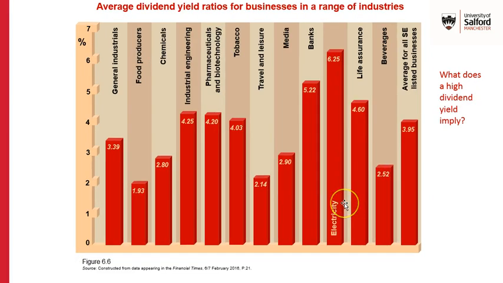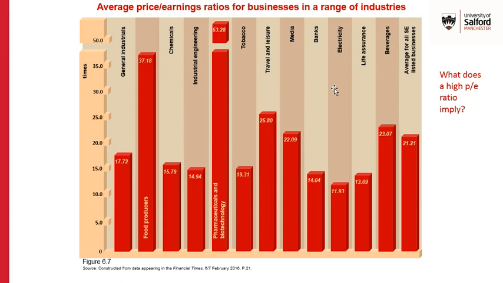Electricity earnings, how does that match with this? We've got dividend yield over, so we've got high dividend over the share price, so it's paying out a lot of its earnings as dividend, meaning that it has a high dividend yield ratio, and its PE ratio can still be relatively low.